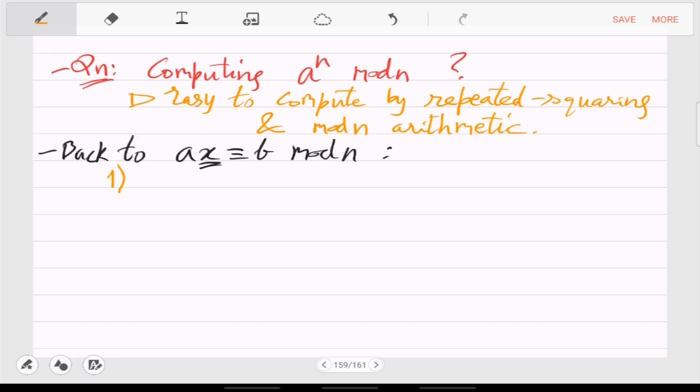So you compute GCD of A comma n, call it G by the Euclid algorithm. So if everything is fine, which means G is equal to 1, then you can just stop.